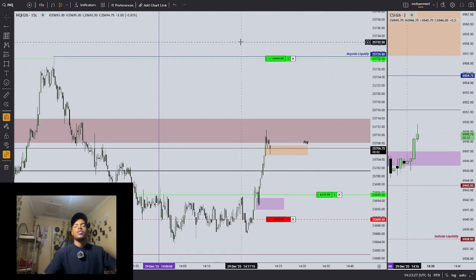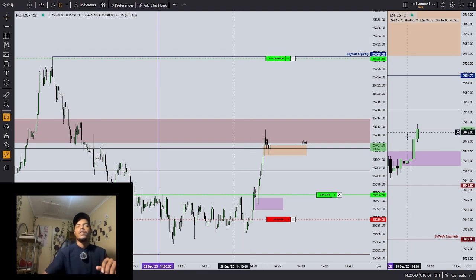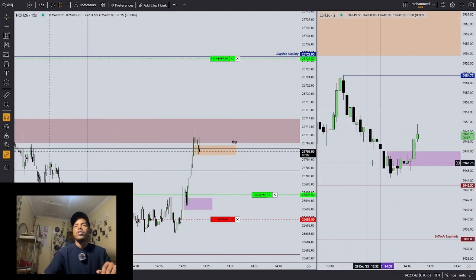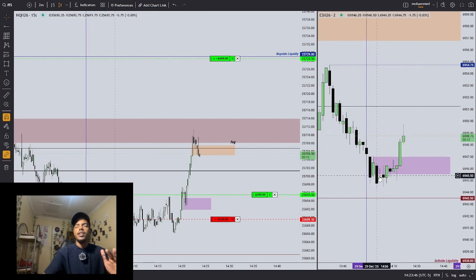We can put it under the recent fair value gap that was created. Looking good so far. There you go, just a minor retracement inside the fair value gap.